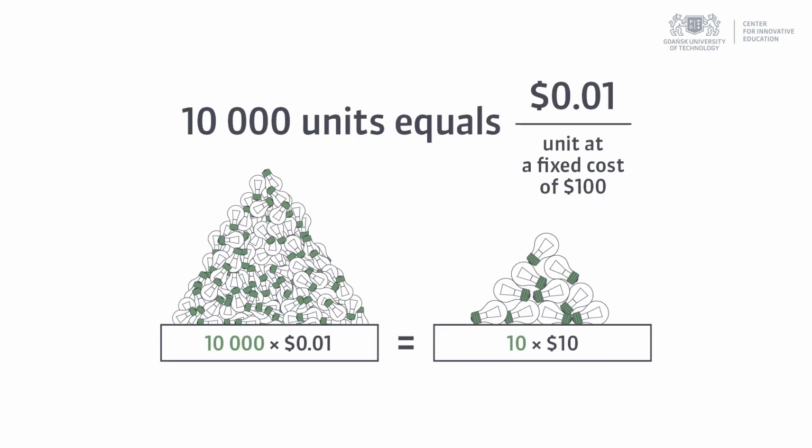Because it is much easier to cover the same fixed cost of $100 by selling 10,000 units than by selling only 10 of them. With 10,000 units, the fixed cost per unit is only 1 cent. And with 10 units, it is $10.